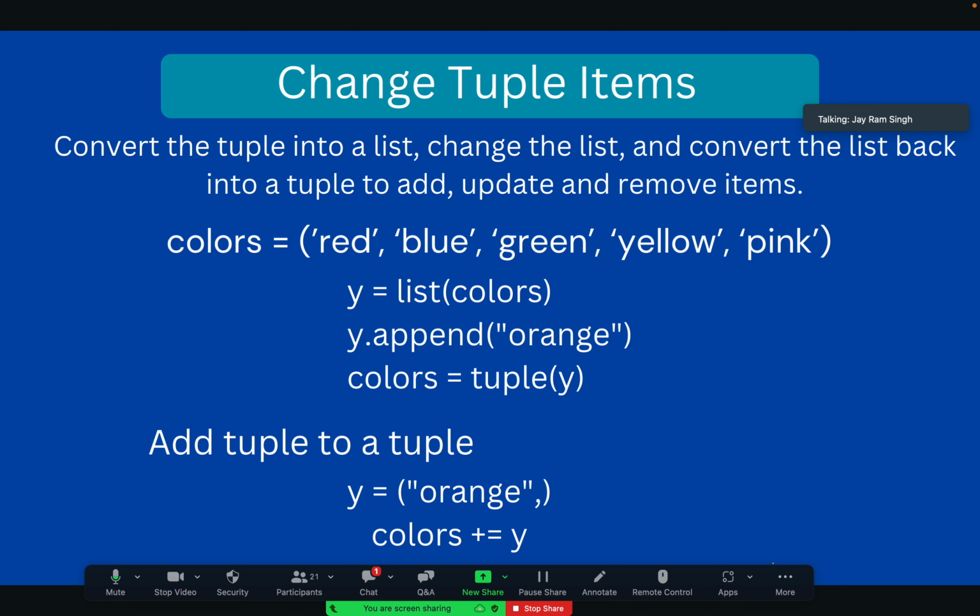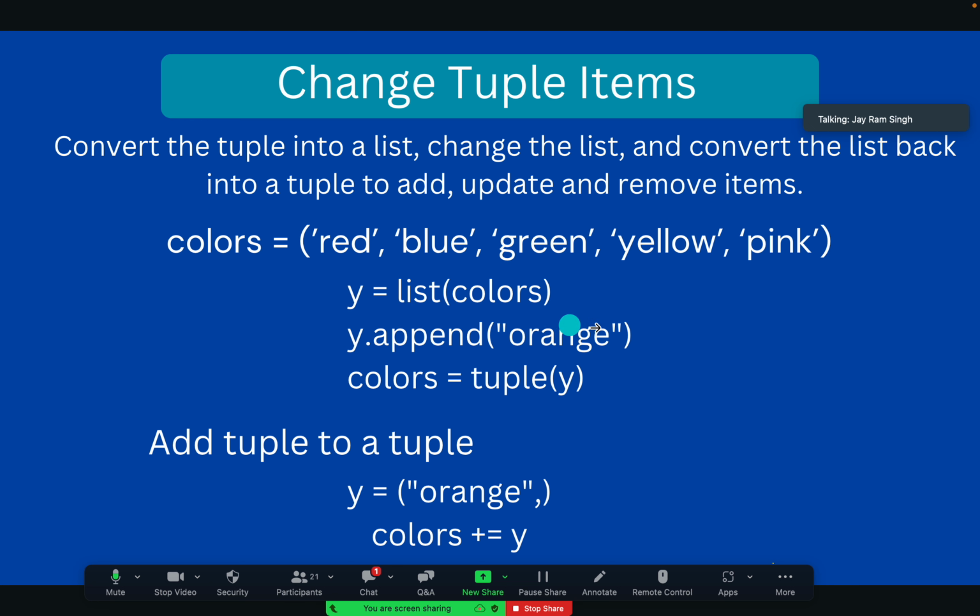What trick is there? Suppose you have this tuple and you want to append one item at the end of this tuple. What can you do? Convert this tuple into a list with the list constructor, right?